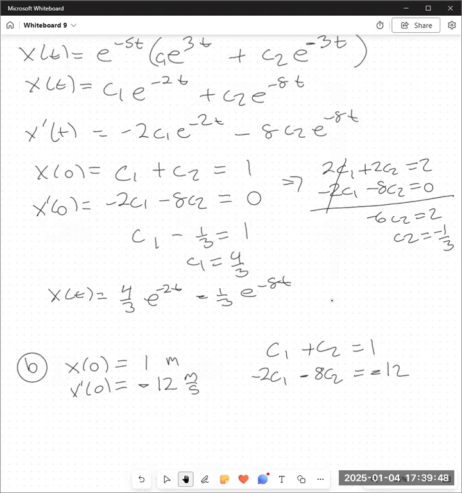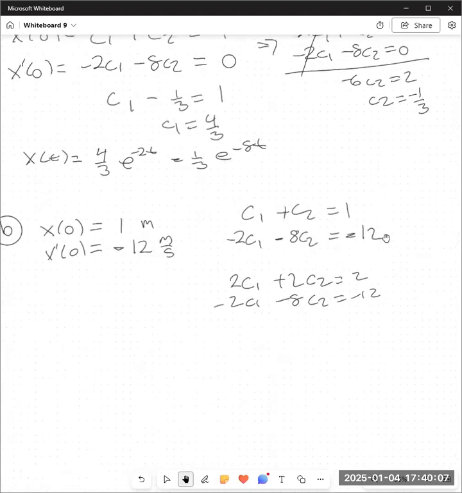So again, I can multiply this top equation by 2, get 2C1 plus 2C2 equals 2, negative 2C1 minus 8C2 equals negative 12.